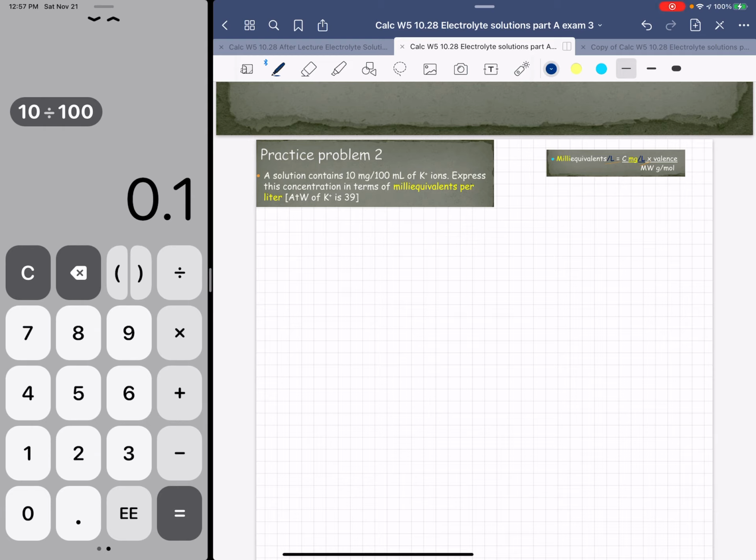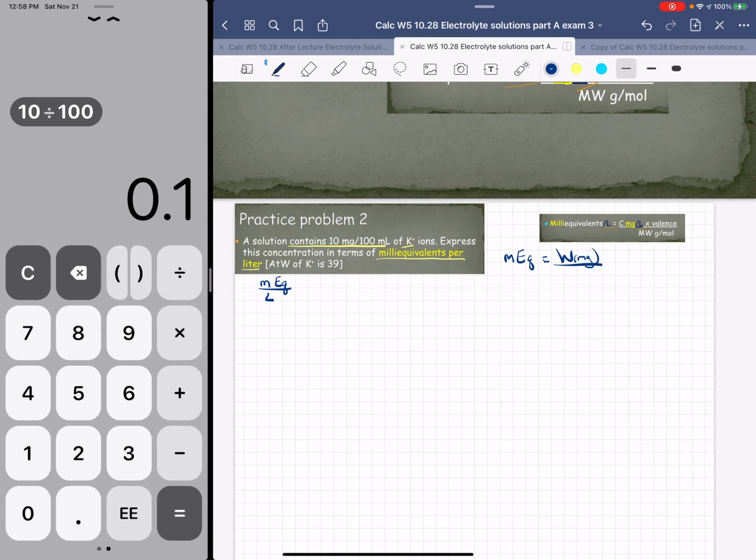Also, this is just a reminder of the formula. Milliequivalents is equal to weight in milligrams divided by the molecular weight times the valence.